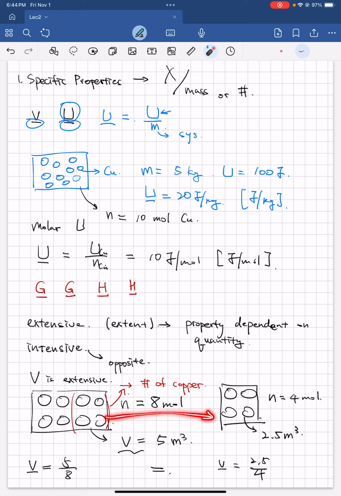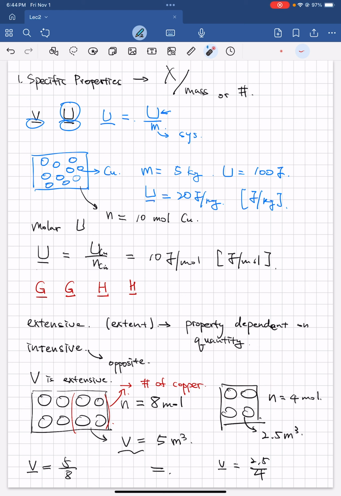Same logic goes for internal energy. So if same condition, the only difference is the number, then copper crystal will have the same internal energy for both cases. But if we either increase the temperature or increase the pressure, or even just change this crystal into some other crystal like iron or aluminium, then the internal energy and the molar volume, they're all going to have different values, like way different.